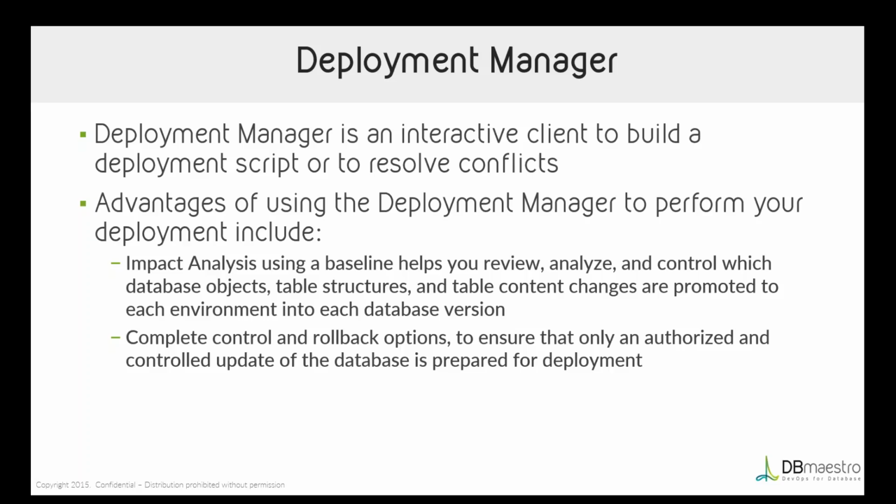So if you need to just move one table change, you can come into Deployment Manager, pick the one table, build the script, and then deploy it, instead of trying to go through and create an automation job just for that one object. So it gives you a lot of options and a lot of control to see exactly what's going to be created in the script, as you're learning how it works before you put it through the automation.